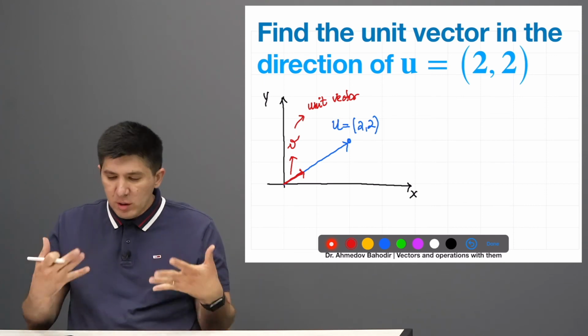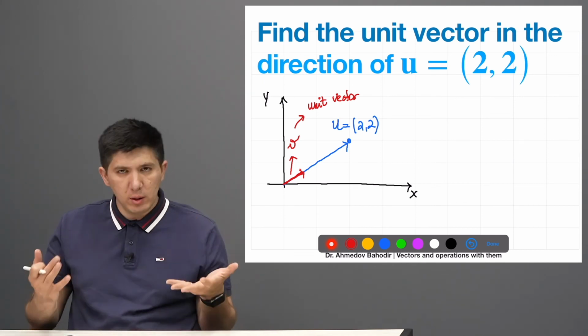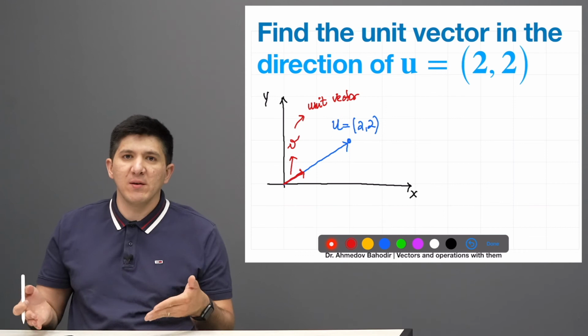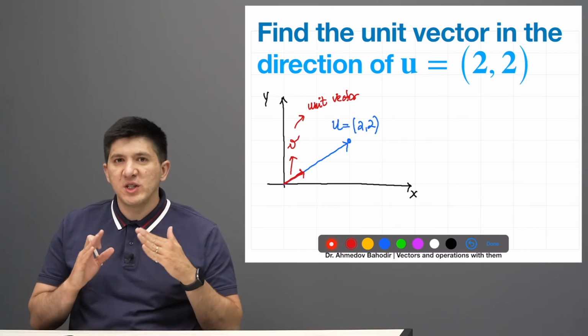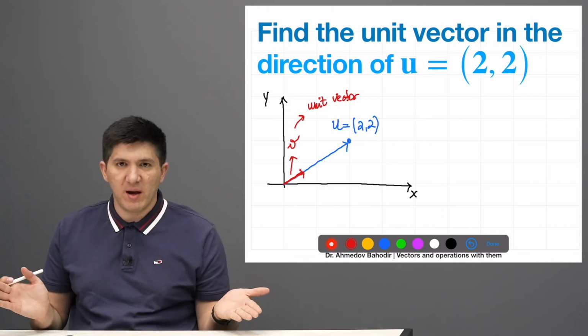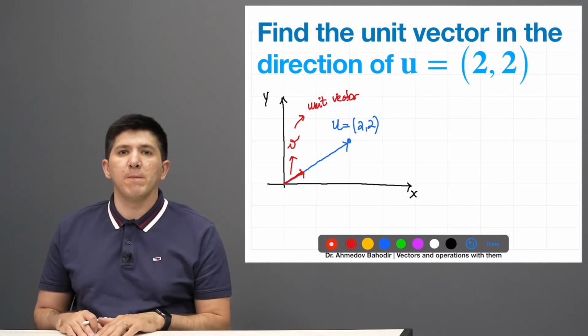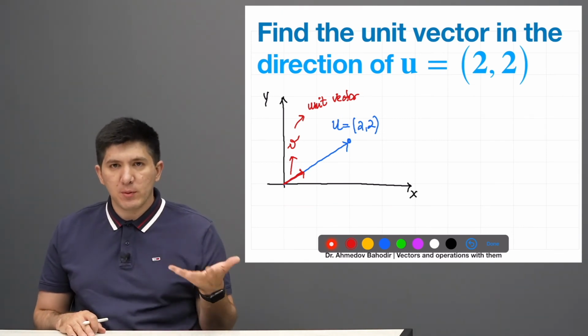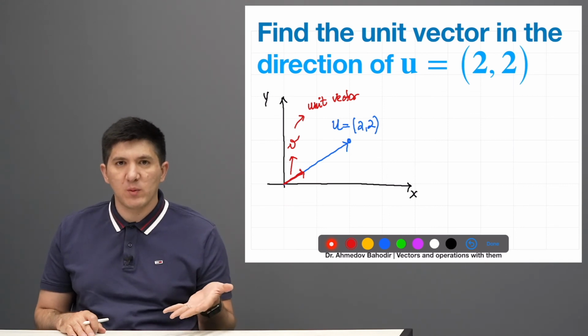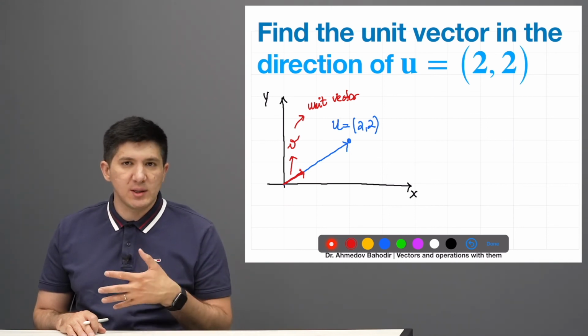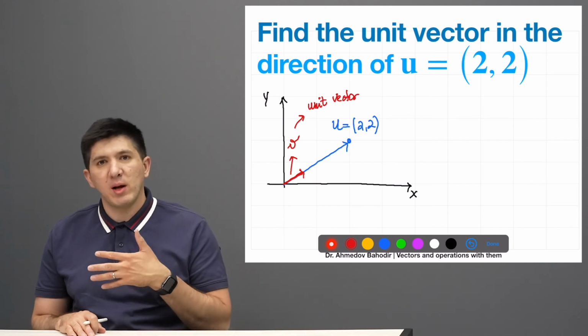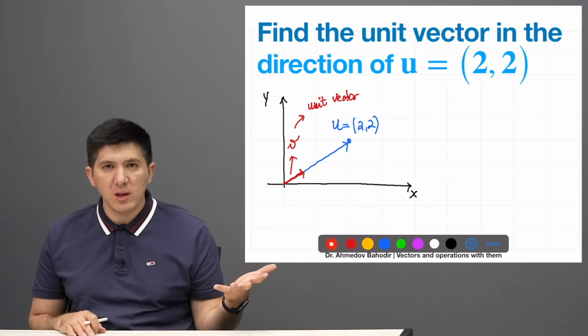You need to do some operation over u in order to obtain v so that you don't change the direction of this vector, but you change only its length. This operation, which changes the vector without changing its direction, is simply scaling the vector. You have to multiply the vector by some constant.